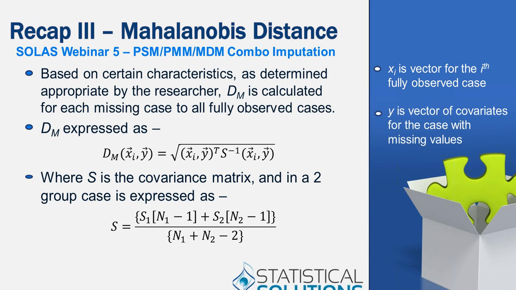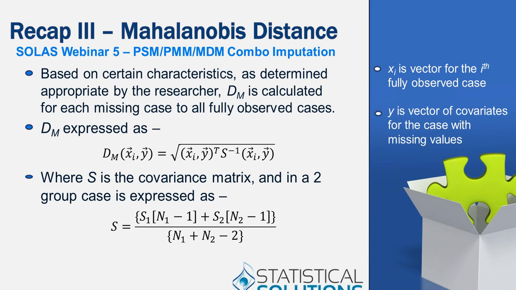The Mahalanobis distance is given by the first equation there, where S is the covariance matrix, and then the closest Mahalanobis distance cases are used to form the donor pool, and again values are randomly selected using approximate Bayesian bootstrap from the donor pool to create the imputations.